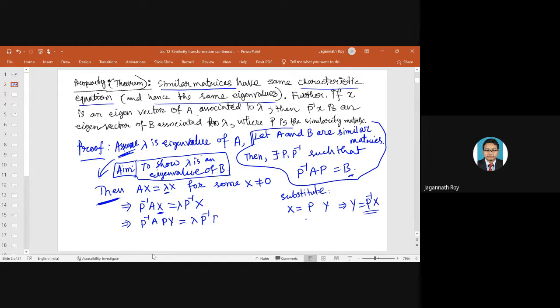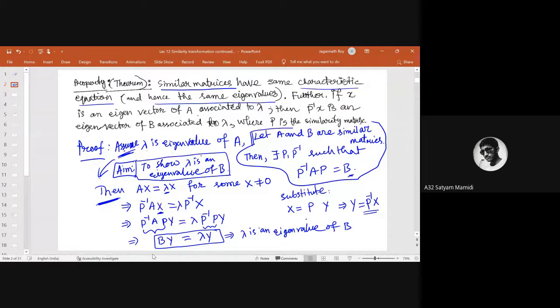If you substitute, P inverse P becomes the identity matrix, and this becomes By, equal to lambda Y. This implies lambda is an eigenvalue of B. Sir, but here the eigenvector is different.